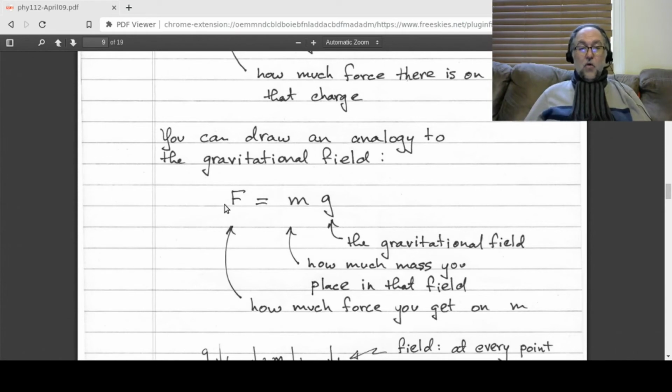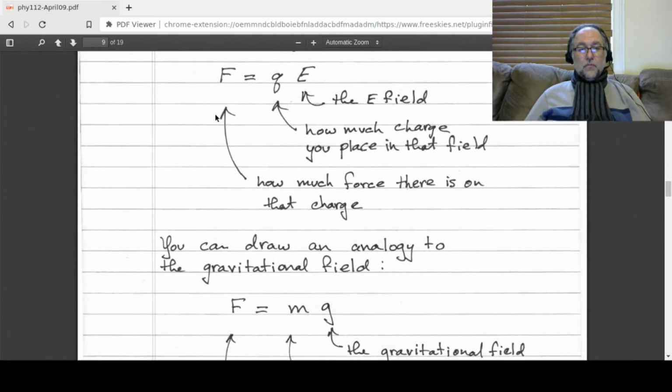The force on a mass M in a gravitational field g is F equals mg. Let me put both of these together. From last semester, F equals mg: a mass M in a gravitational field g gives you a force F. Here, the analogous idea is a charge Q in an electric field E gives you a force F.